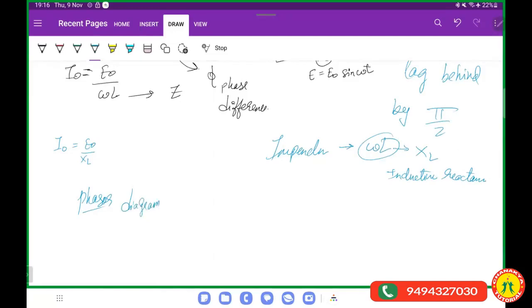Can you tell me how to show that this is the 90-degree lagging? How to show this is lagging? Tell me.